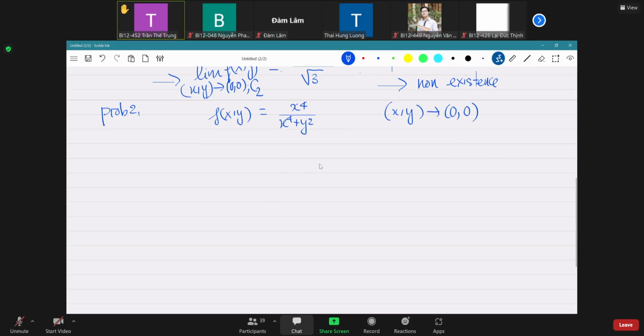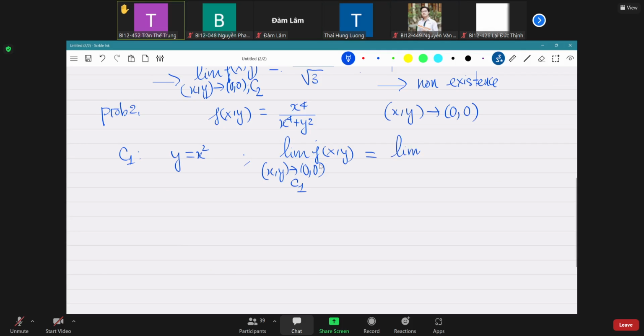So first I choose y equal to x squared. Okay, so the first part, right? Yes. And then we need to compute the limit along this path, right? Yes. We write on c1. So we put y equal to x squared into the formula of the function, right? Yes.